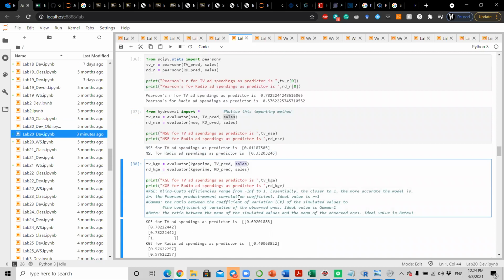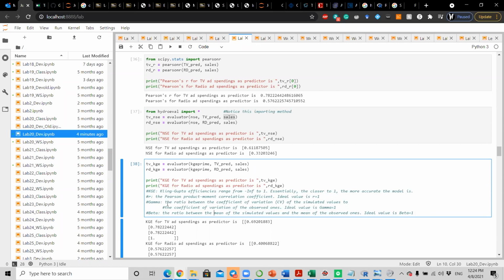KGE, or Kling-Gupta efficiency, ranges from minus infinity to 1. The closer to 1 you are, the happier you are with your model. It has 3 components. R, which is basically the Pearson product moment correlation coefficient. We already have looked at it.